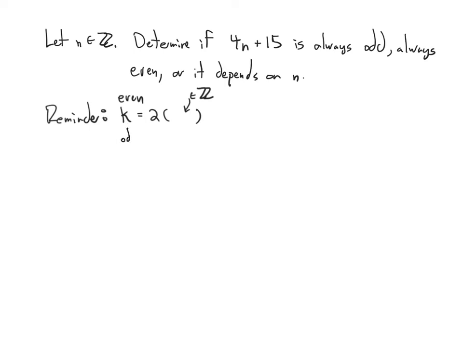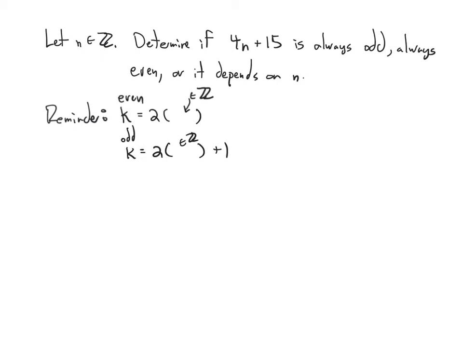And if k was odd, I could write it as 2 times some integer again, but plus 1. So that's my goal here. If it's always odd or always even, I should be able to rearrange this into one of these two forms. 2 times something or 2 times something plus 1.